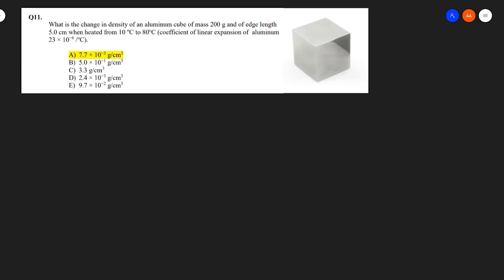We have a cube of aluminum, and they ask what is the change in density of an aluminum cube of mass 200 grams and of edge length 5 centimeters. This one is heated from 10 degrees to 80 degrees, and they give us the coefficient of linear expansion for aluminum, which is this one.